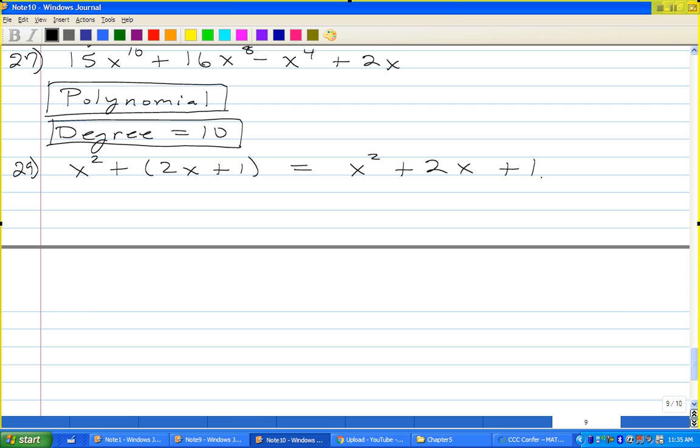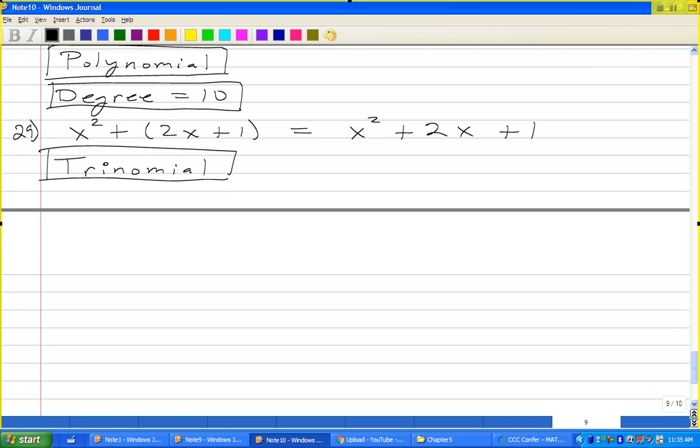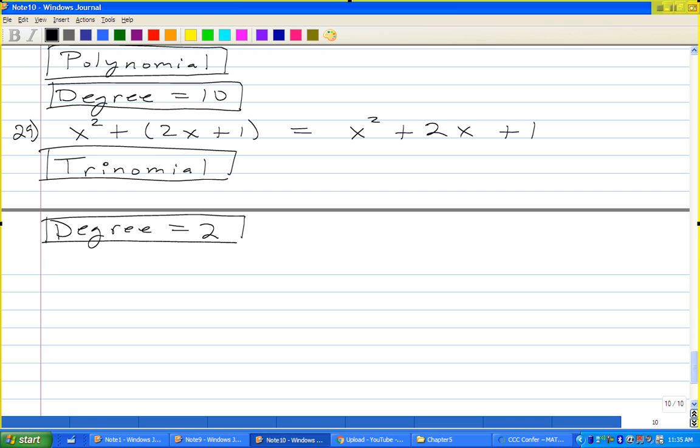So there are 3 terms. So this is a trinomial. And the degree of this polynomial will be 2. So this is quadratic.